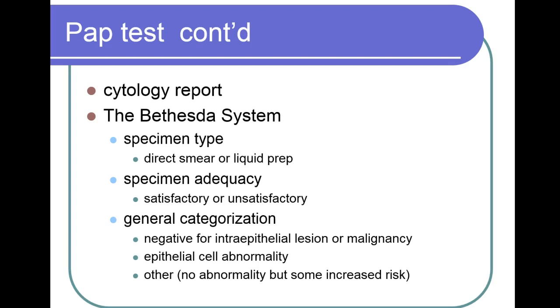Negative, so negative means the cells look like normal, regular cells. Or, second one, epithelial cell abnormality. And the other, it means that we couldn't really truly call it abnormal at this time, but the way it looks, it isn't purely normal. So those are the three general categories that come in this part.